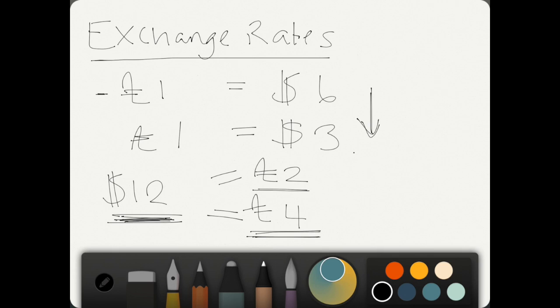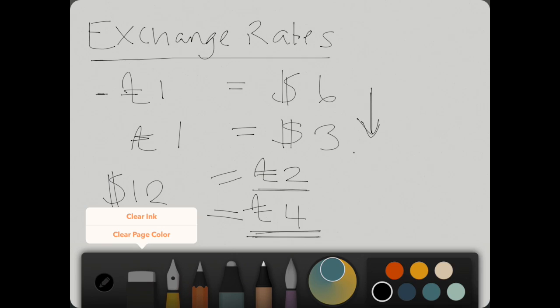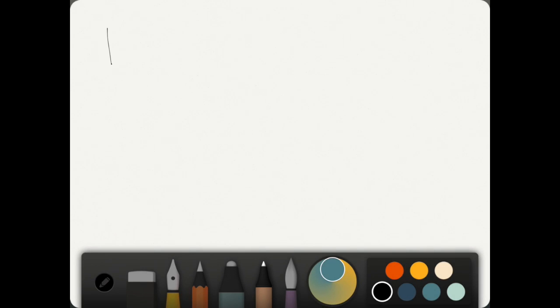The next one that you need to be aware of is inflation. And inflation, the definition of that is a general increase in prices across the country. So it's not in one particular product, but generally overall, and measured from one year to the next.